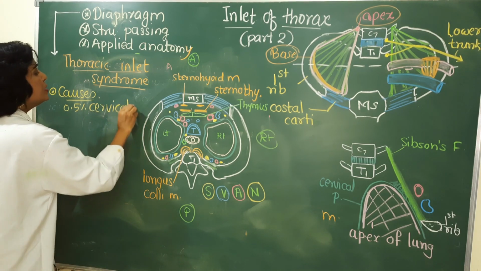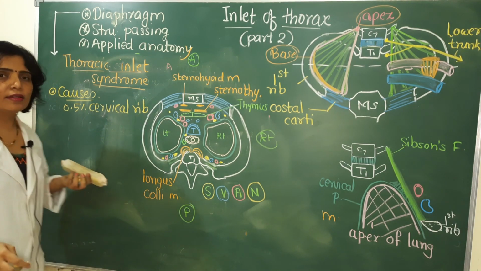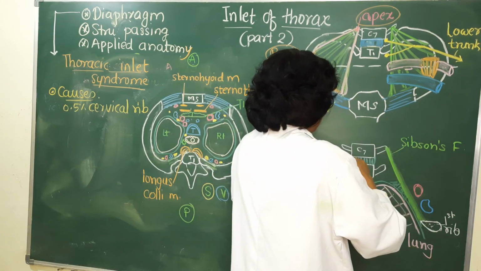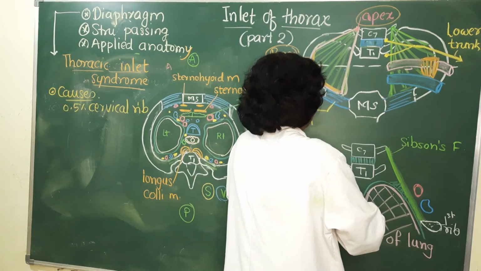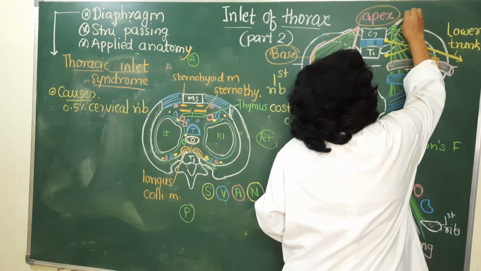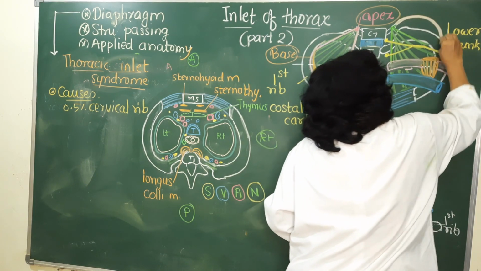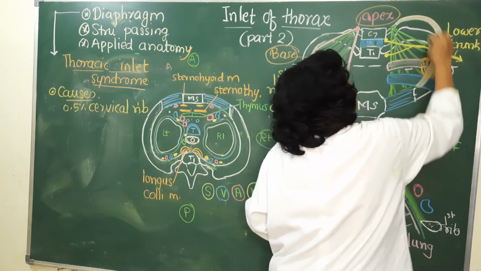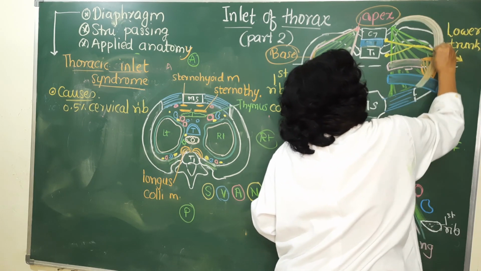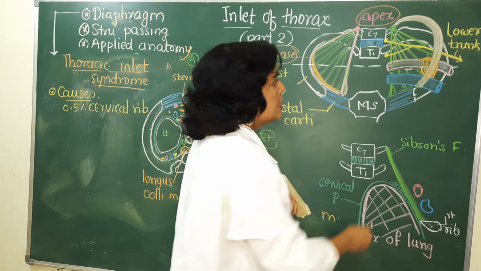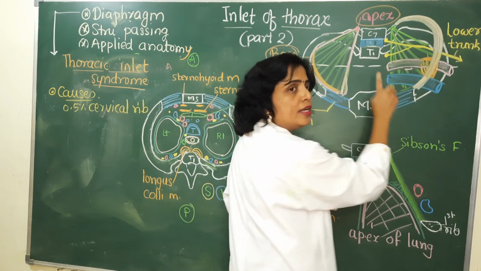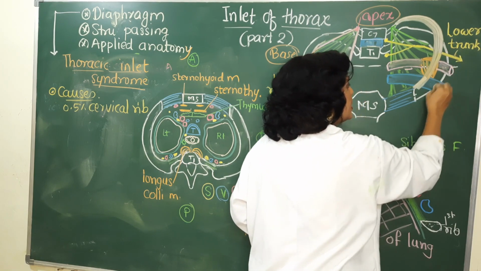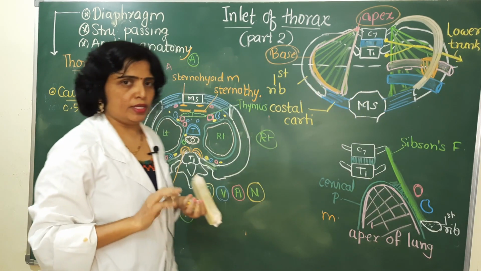If this rib is present, it may compress the structures at the inlet. If you draw it here, the cervical rib will be attached to the C7 vertebra and will come like this. Naturally, it is very clear that if it is present, it may compress the lower trunk of the brachial plexus or the subclavian vessels.